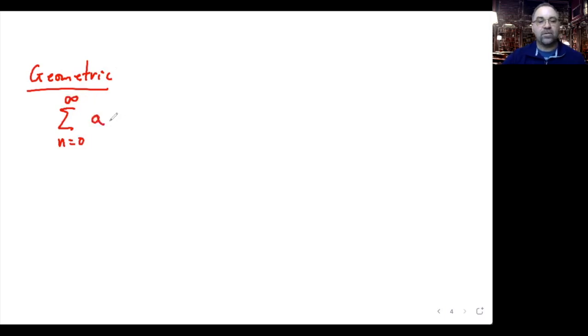But you always have the first term times the common ratio to the nth power. Okay, so basically what it means is every single term in the series, you just multiply by the ratio again, like so.